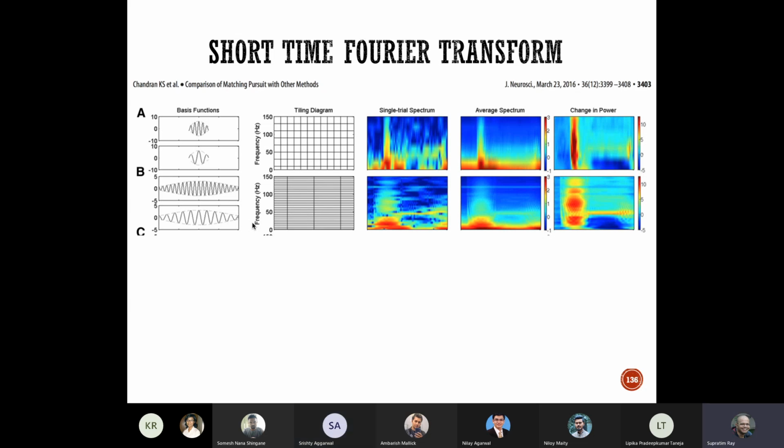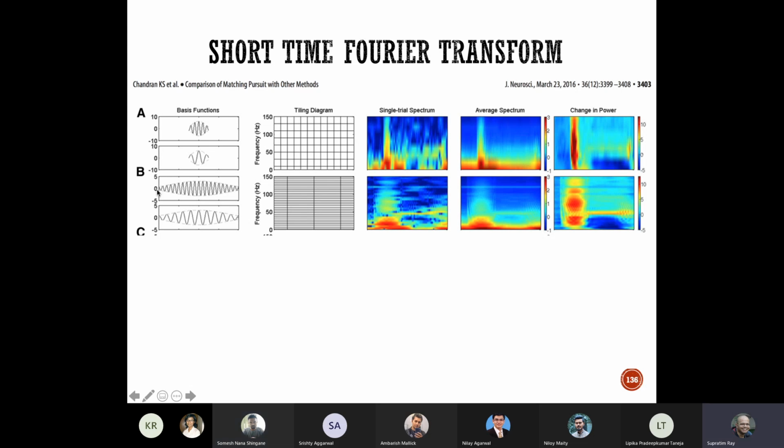Someone else wants to guess? Using the same time window, but having multiple basis functions with a different frequency. No, but the basis functions, are they sitting at different frequencies or are they sitting at the same frequency?